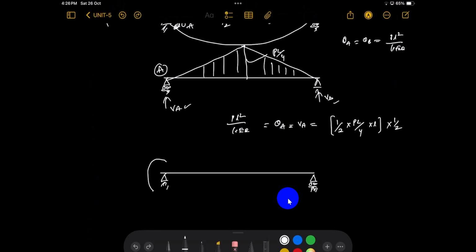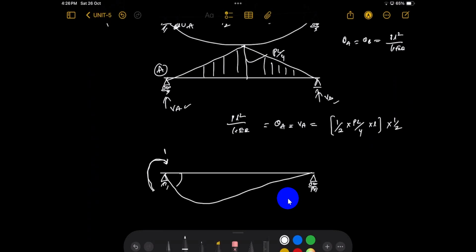Apply a unit moment in the direction of the redundant force, and write down the corresponding displacement. Displacement here means the slope, the rotation. What is the value?